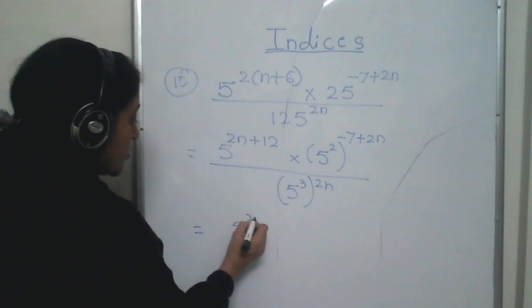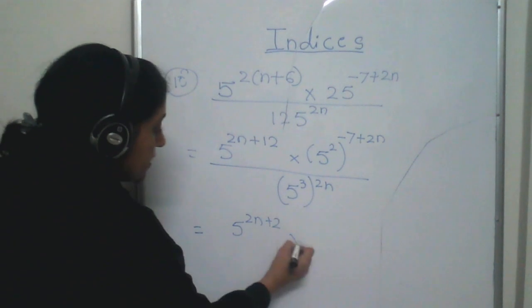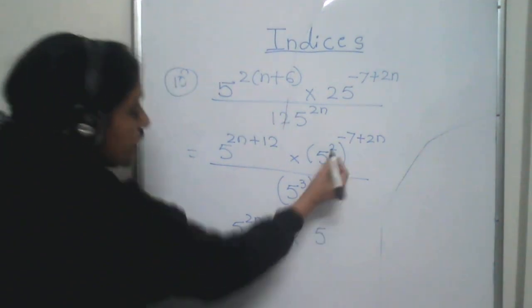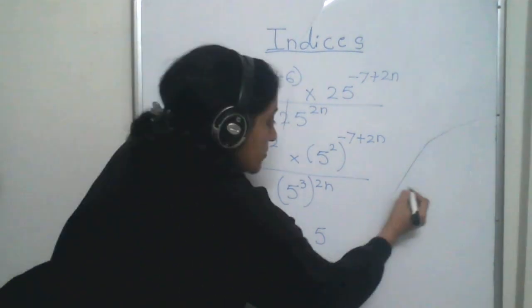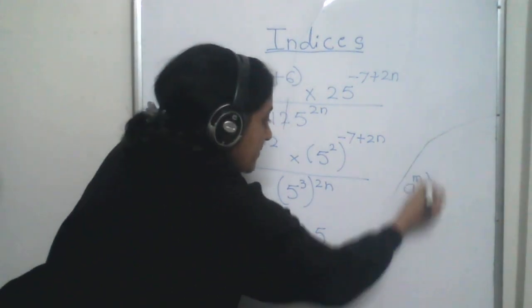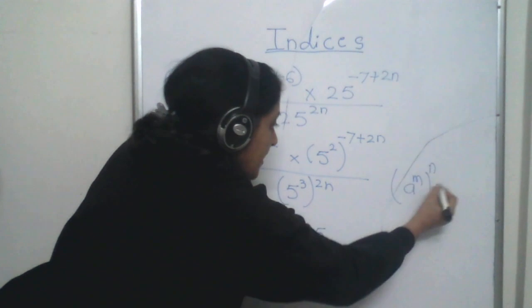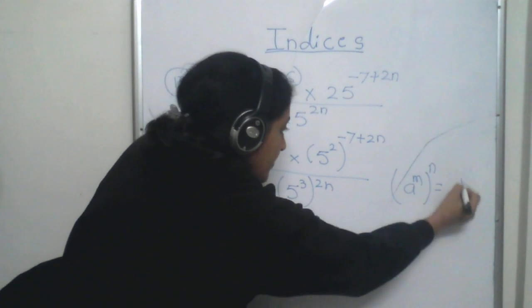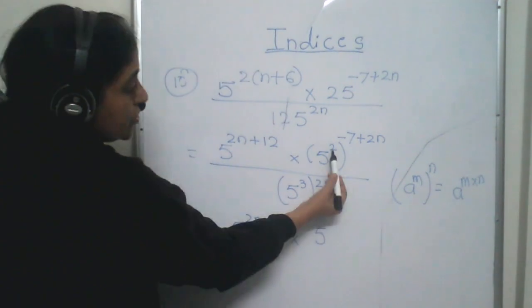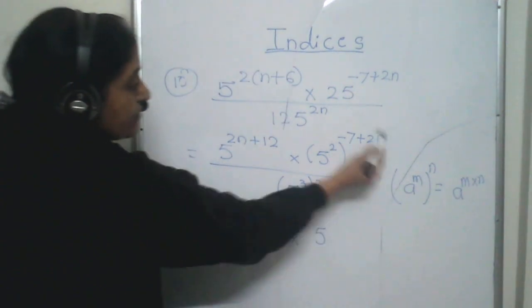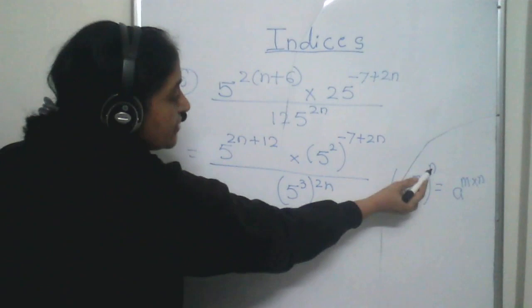Here what is there? 5 to the power 2n plus 12 into 5 to the power. Now here it is m and n, I think I did not mention it. A to the power m raised to the power n will give you a to the power m into n. Means now 2 is in place of m, and minus 7 plus 2n is in place of n.